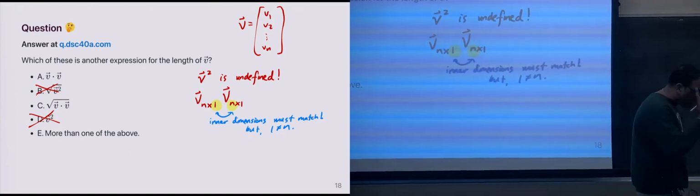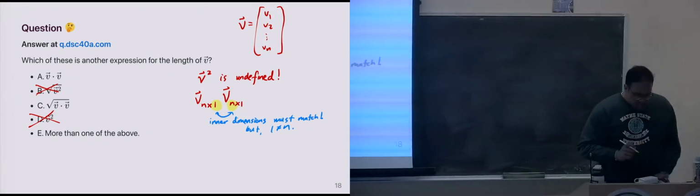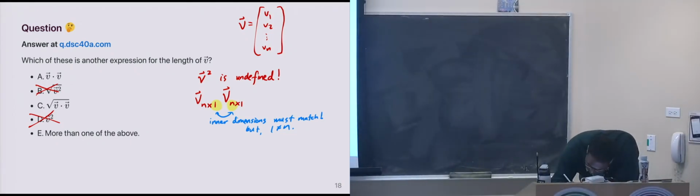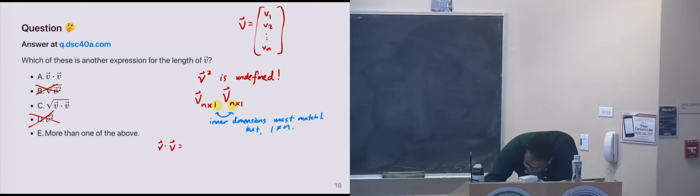You can dot product it with itself, though. And so what might that look like? Because the other two options involve that. Well, it would be this times this plus this times this plus so on and so forth, all the way through plus this times this. Okay, so I'll get v1 squared plus and so on.